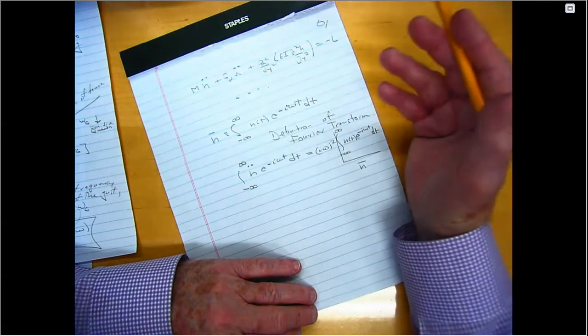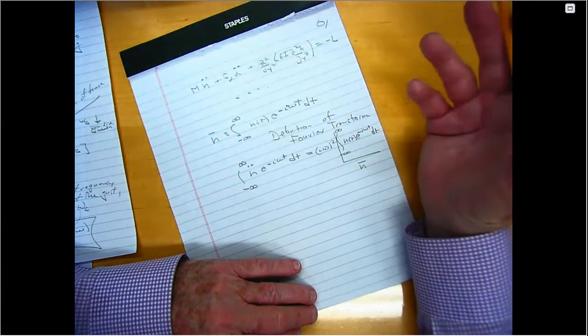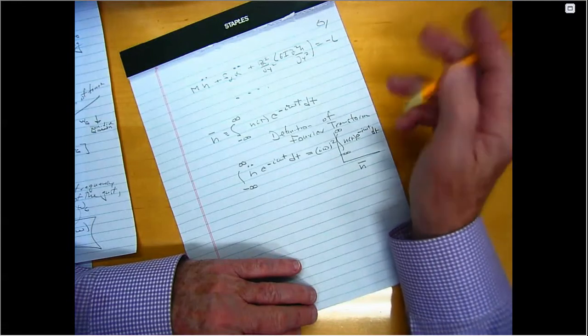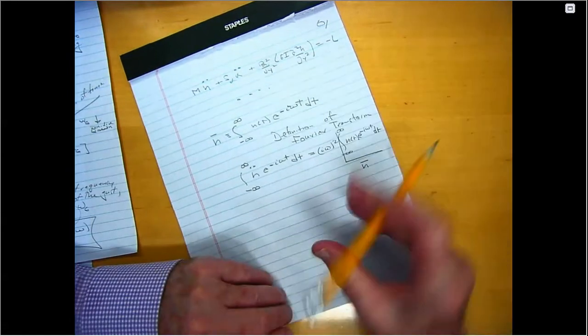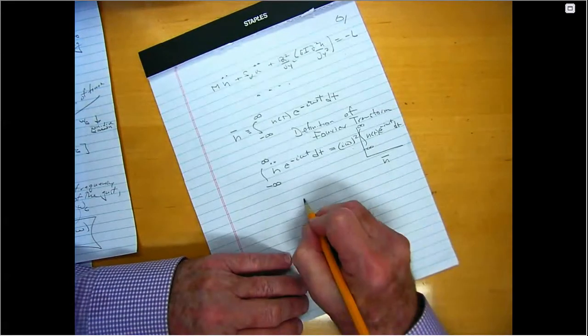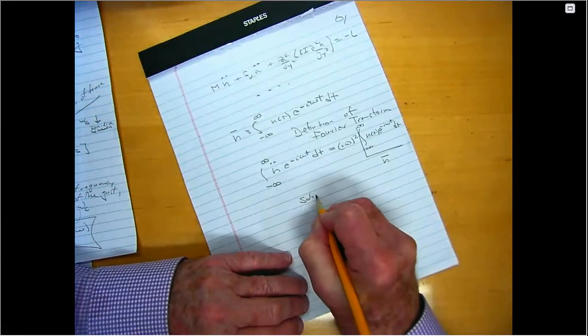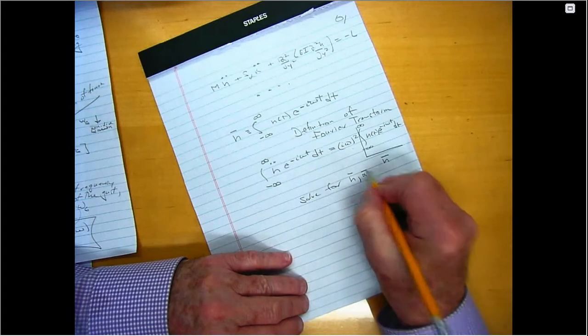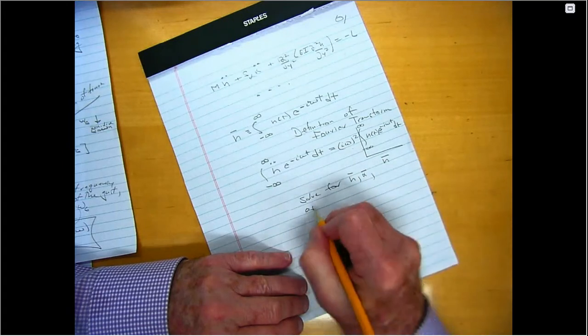So the sinusoidal input-output relationships are also the relationships I get from taking a Fourier transform. What's the advantage of that? Well, because then I can solve for h bar, alpha bar, as Fourier transforms.